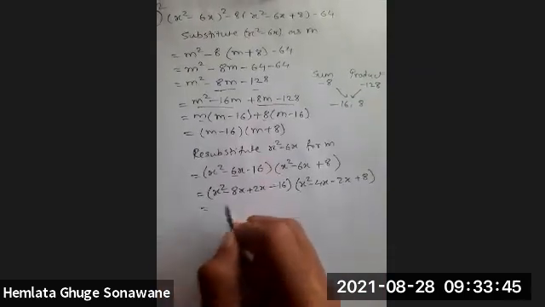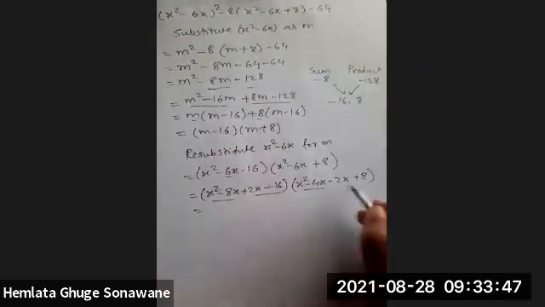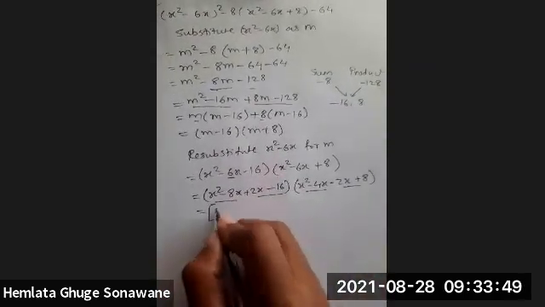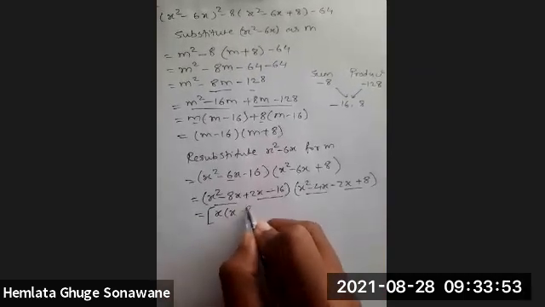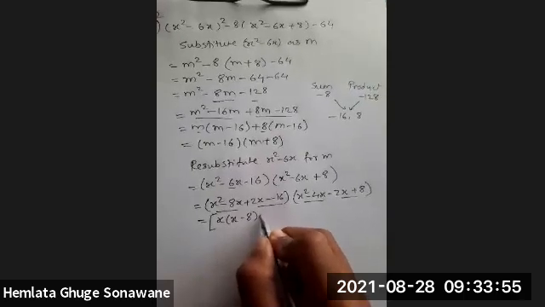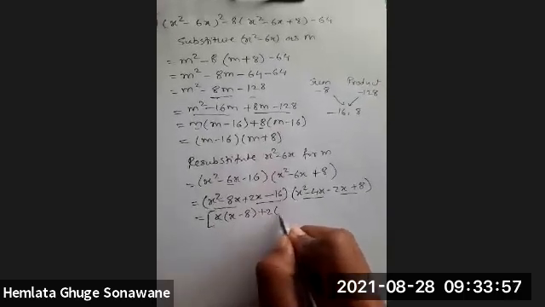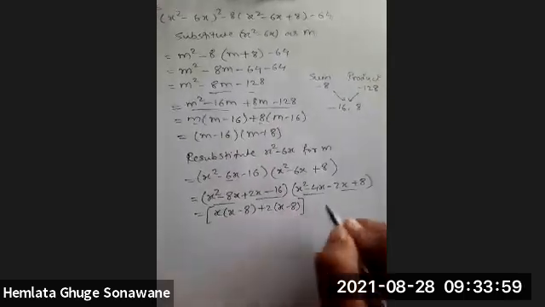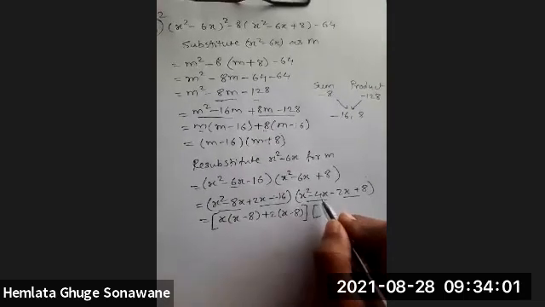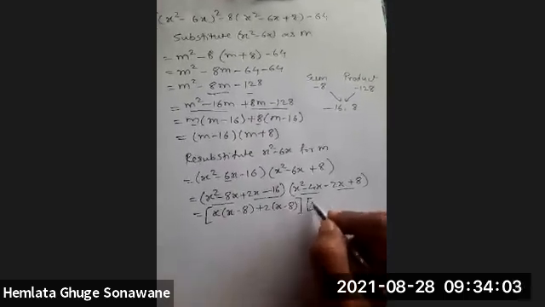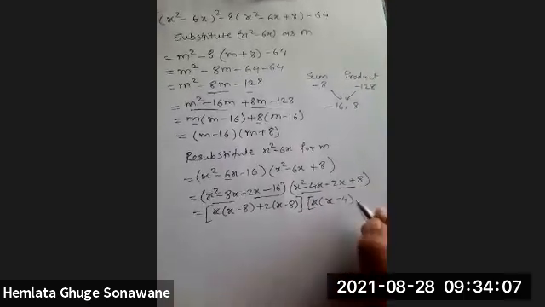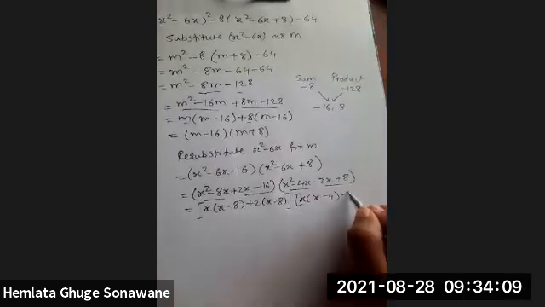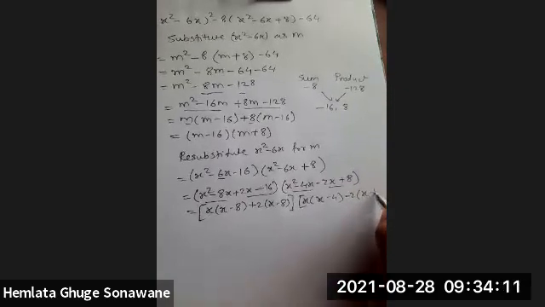Okay. Now we'll take common from this and here too. x common, x minus 8, plus 2 times x minus 8. Again for the next, we'll take common x minus 4, and here we'll take minus 2 times x minus 4.